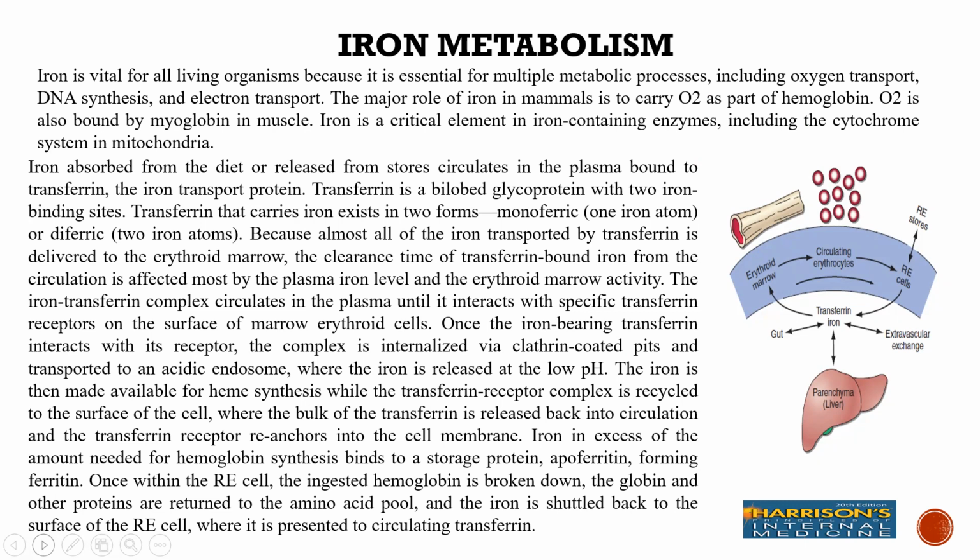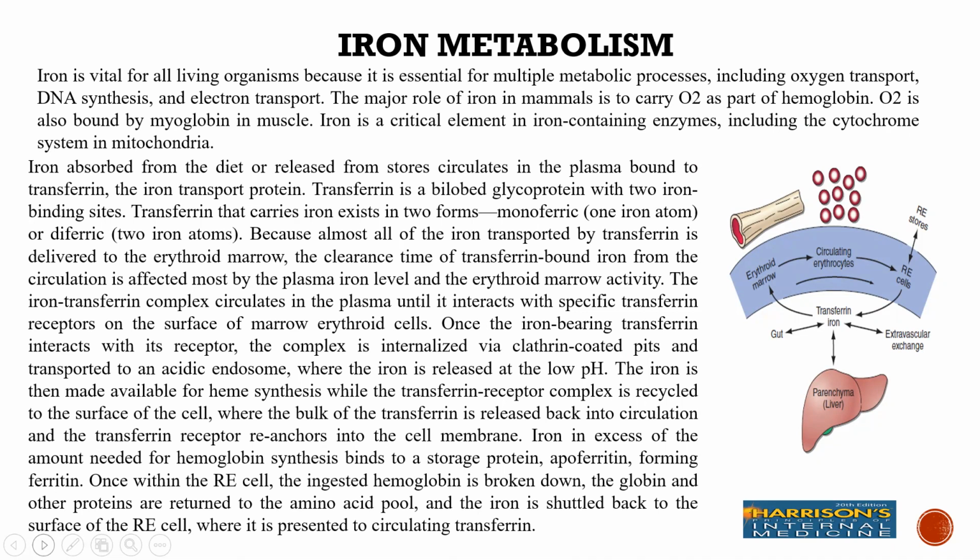The iron is then made available for heme synthesis, while the transferrin receptor complex is recycled to the surface of the cell, where the bulk of the transferrin is released back to circulation and the transferrin receptor re-enters the cell membrane. Iron in excess of the amount needed for hemoglobin synthesis binds to storage protein apoferritin, forming ferritin.